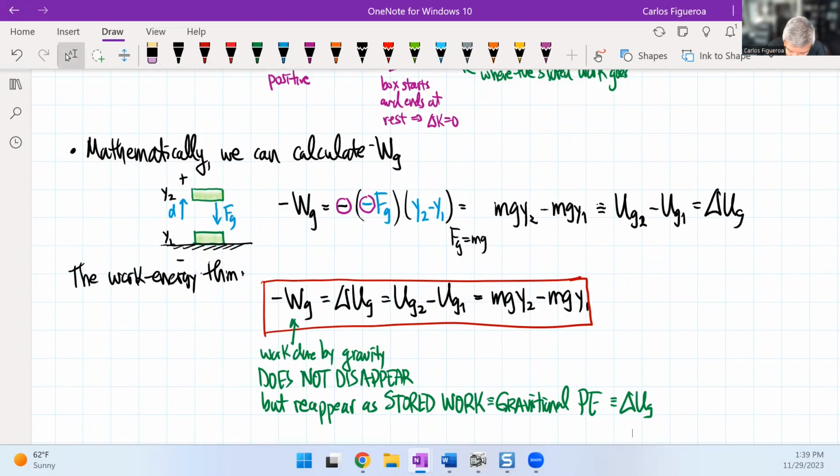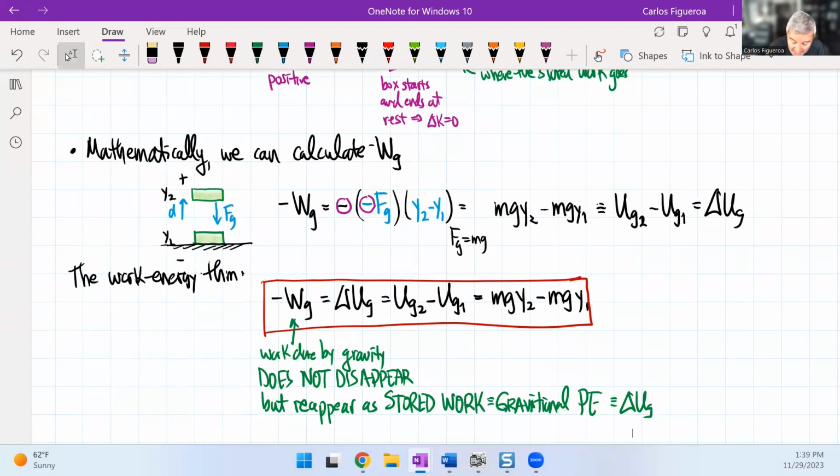Now, there's something that I did not talk about here, and you're going to see that there's this reference thing that we'll have to deal with. But by the way, again, this work is still the area, even though I didn't mention it this time because we could calculate the work quite easily here.